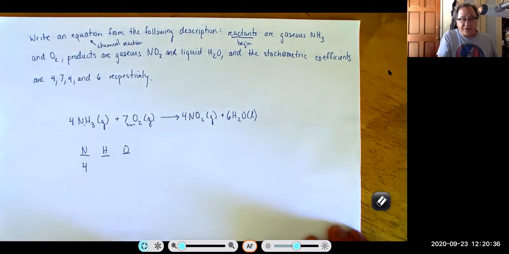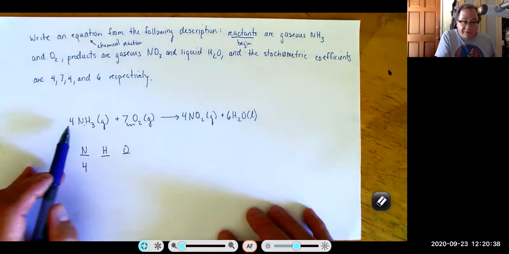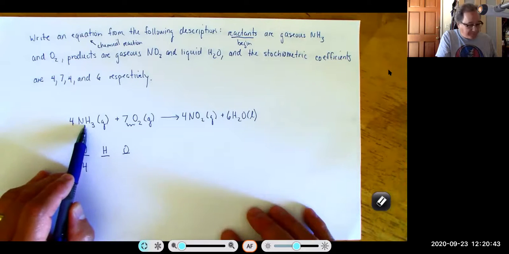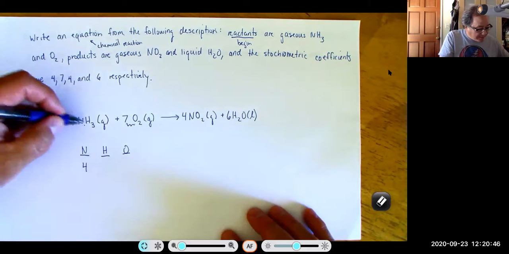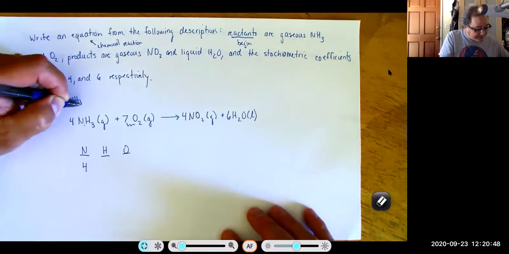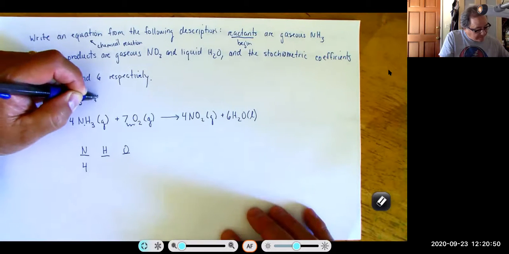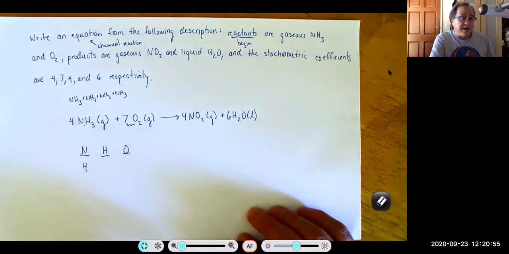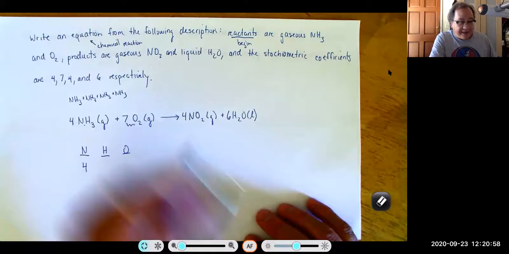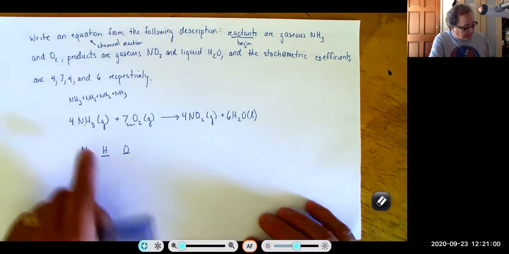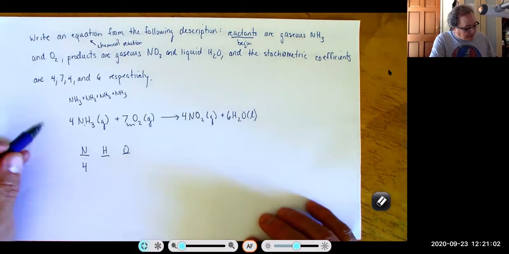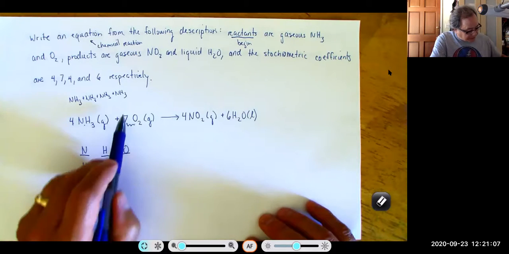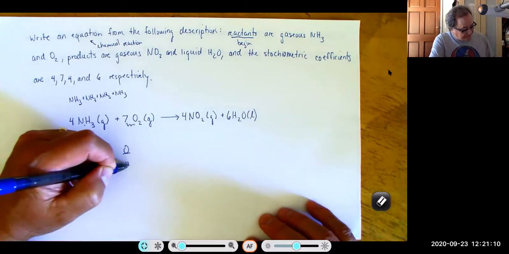So the way to count nitrogen atoms when we include the coefficient is to multiply the coefficient times the subscript. So this 4 NH3, I'm sorry, means this. And you know chemists are more proficient with their time than writing out NH3 4 times. So you put a 4 there. How many hydrogens are there? Well, 4 times 3, there's 12. Oxygens, 7 times 2, 14.